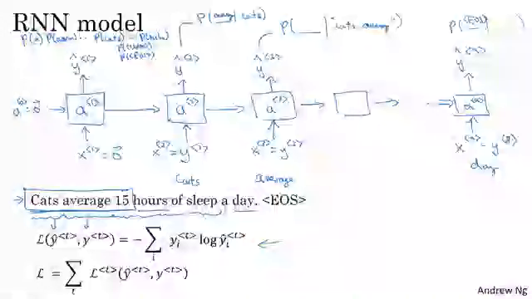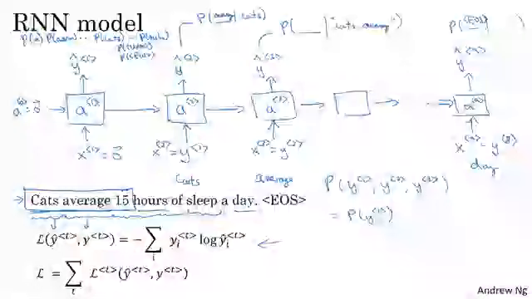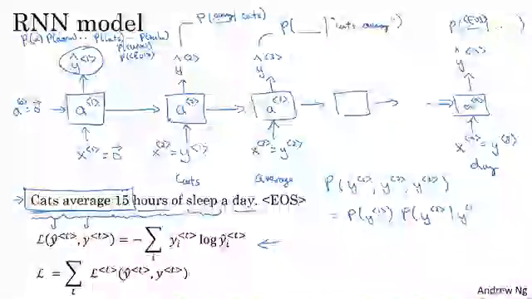And given a new sentence, say y1, y2, y3, with just 3 words for simplicity, the way you can figure out what is the chance of this entire sentence would be, well, the first softmax tells you what's the chance of y1. That would be this first output. And then the second one can tell you what's the chance of y2 given y1.